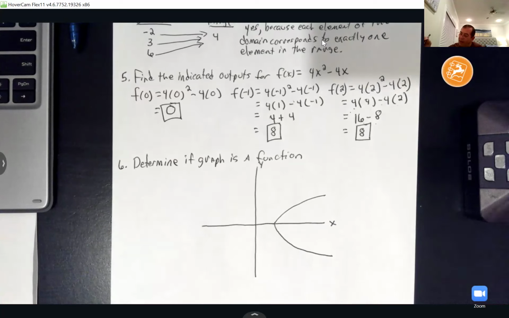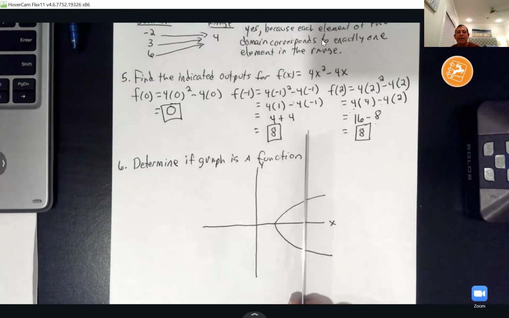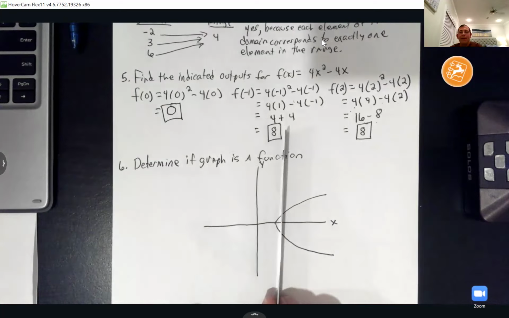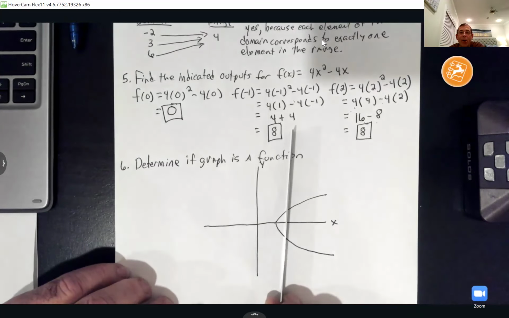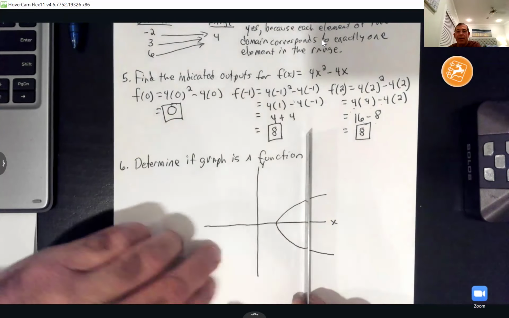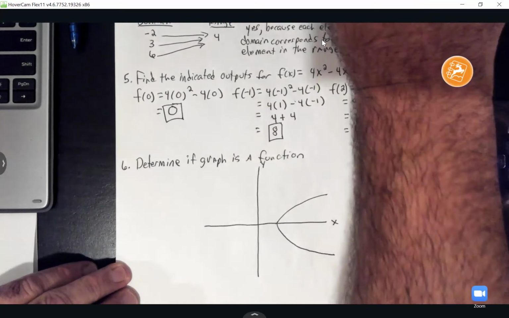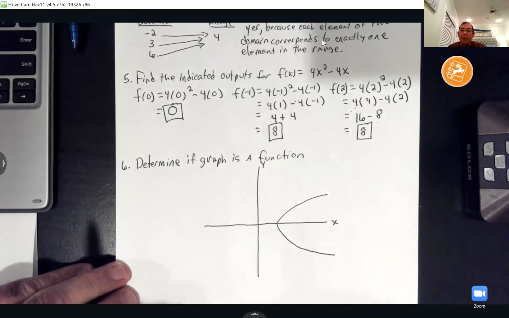So what do y'all think? Is that a function? And you're doing the vertical line test on that. And look at that. No matter where I put a vertical line, I'm hitting it here and I'm hitting it here. I'm hitting it up here. Yes, it's a function. Oh, but remember, go the other way.